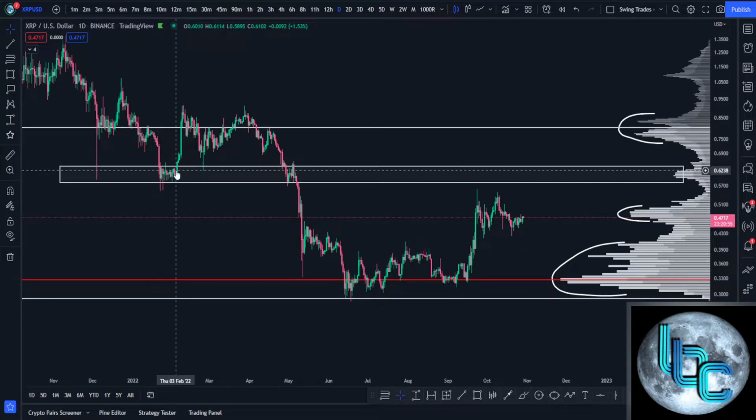You consolidate inside of it, then you pop out of it, then you come down and take a little dip back in, and then it comes out again, trying to get you to go long again, because they think, oh, you just broke structure right here. So you think, all right, I'm going to wait for the pullback. You get your pullback, it comes up, you buy in, you go long, and the next thing you know, boom, sell off. And you sell off, you come back into the zone.